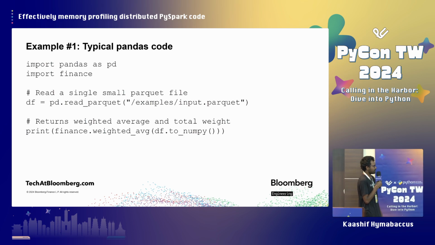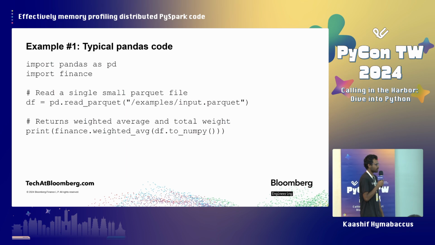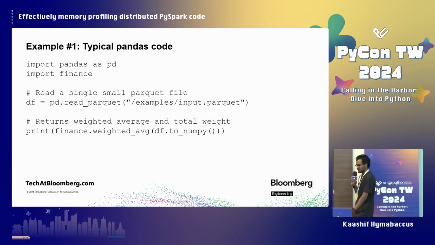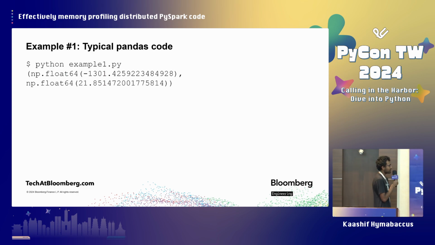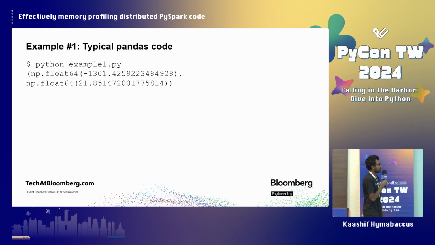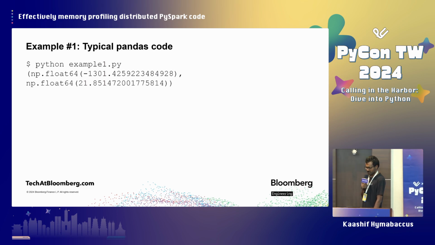So what it looks like here is you have this data frame, you convert it to a NumPy array, and you call the finance.weightedAverage function, and you print out the value. So what does that look like? You run it, it prints the value, so the weighted average is the first number there, and the sum of the weights is the second number. Super simple, works as you'd expect.